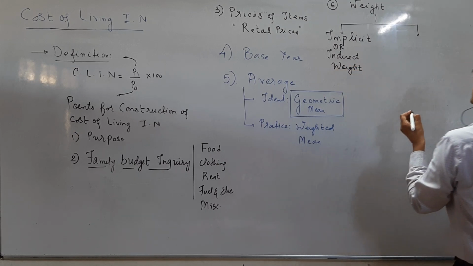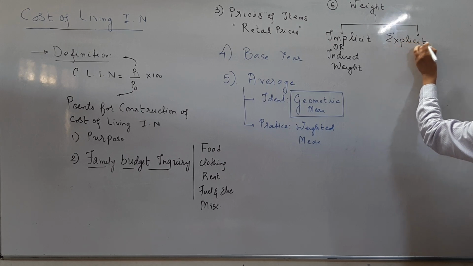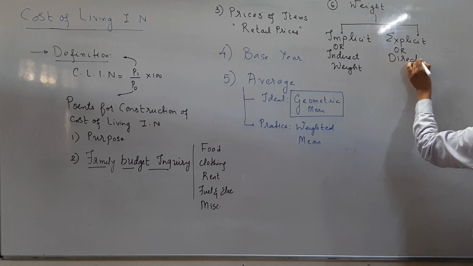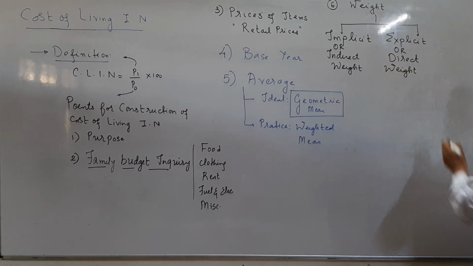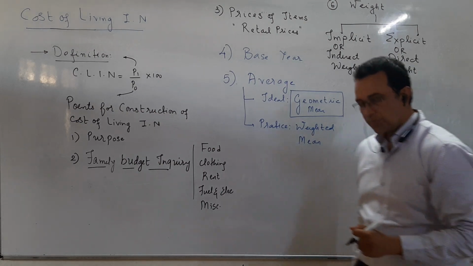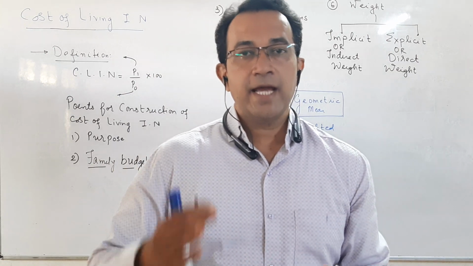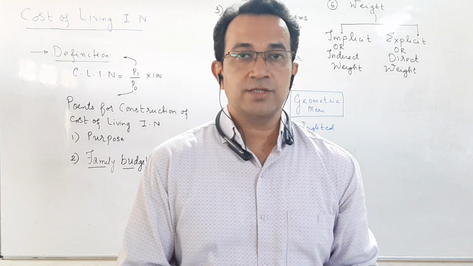And the second is explicit or direct weight. So students, how many types of weight we have? 2. Implicit or indirect weight and explicit or direct weight.